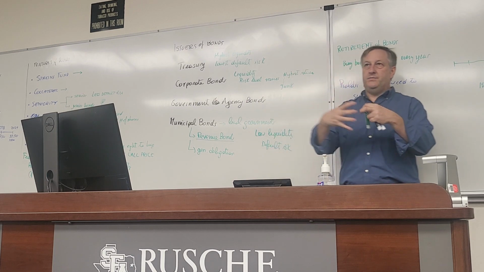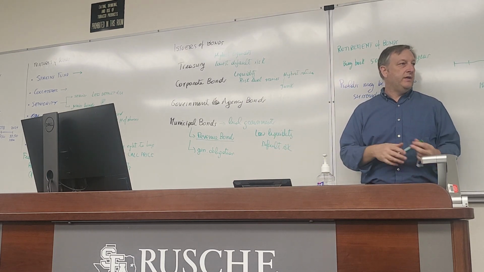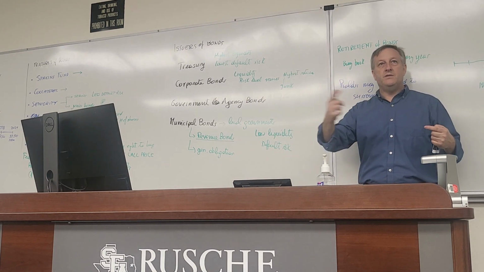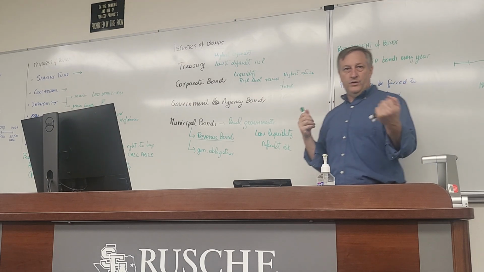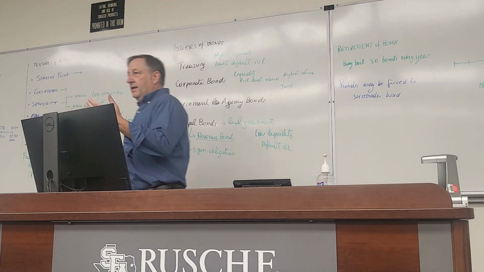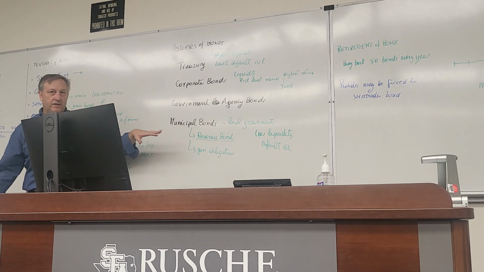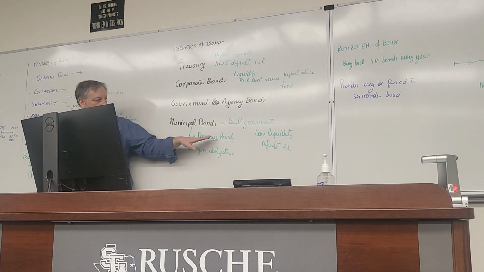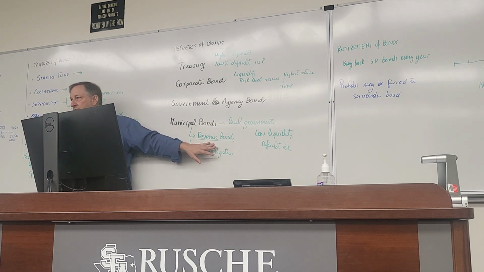A city or a county decides to build a bridge, and in order to build the bridge, they issue bonds, and then the revenue from the tolls is what is going to pay those bonds. I don't know if the tollways in Dallas are funded the same way. But as long as people use this service, there is going to be enough money to pay off the bond. So the lack of population or things like that is not going to affect these types of bonds that much.